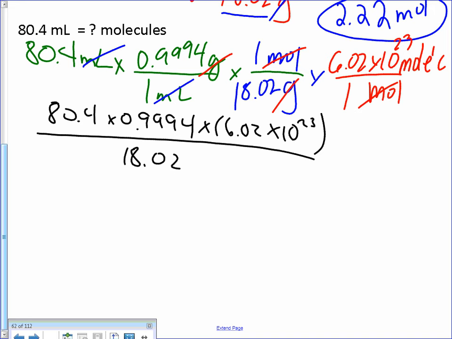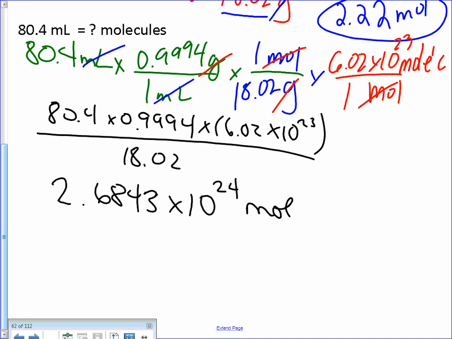And that's going to be a number like what? .684 times 10 to the E24 is times 10 to the 24th. Molecules, right? Because that's the only thing left here.